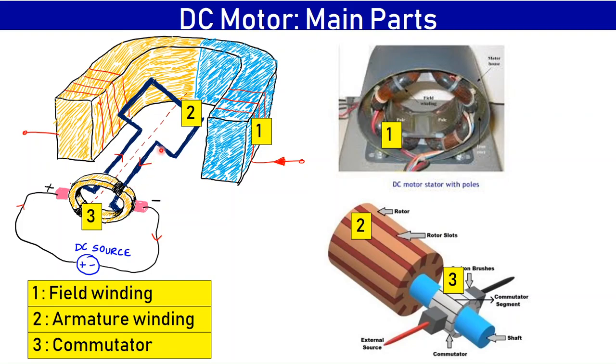The commutator and the armature winding both are placed on this shaft. The armature winding, of course, is a distributed winding placed inside the slots, which we will discuss later on. So this is how the construction of a DC motor will look.